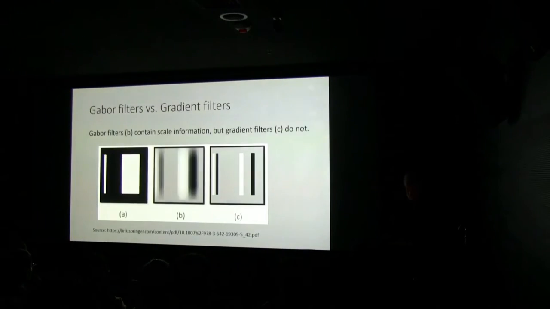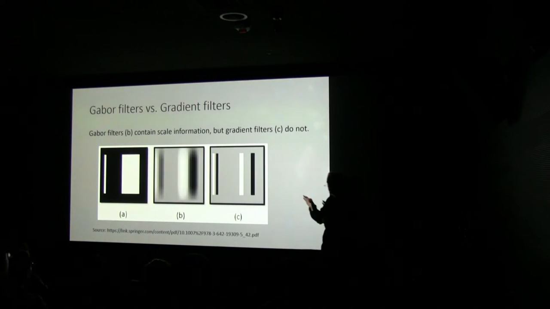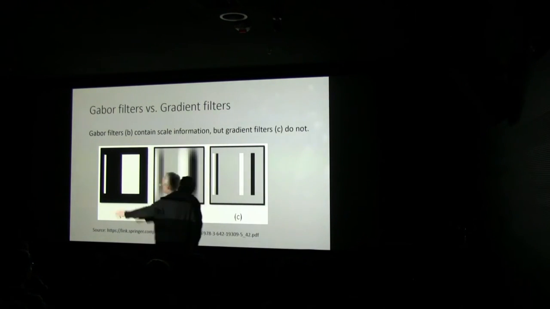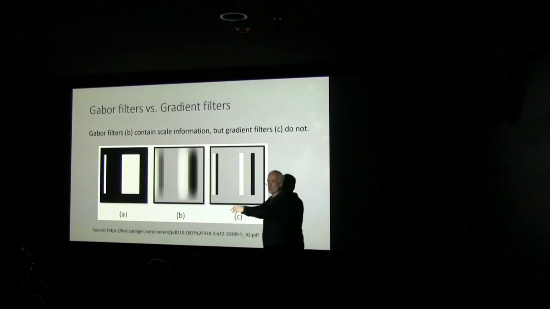Here again, different sizes of horizontal filters. And it's interesting because you can see that some filters are bigger, some are smaller, so they can respond more interestingly than just gradients.